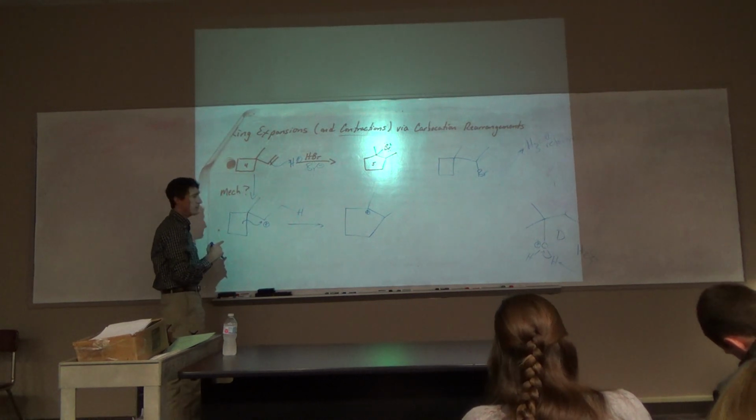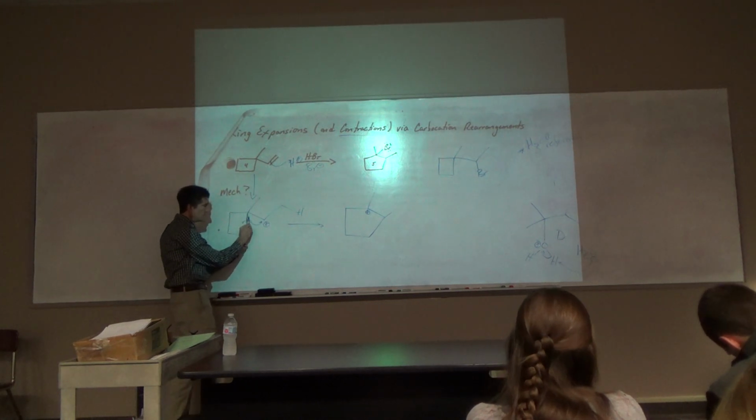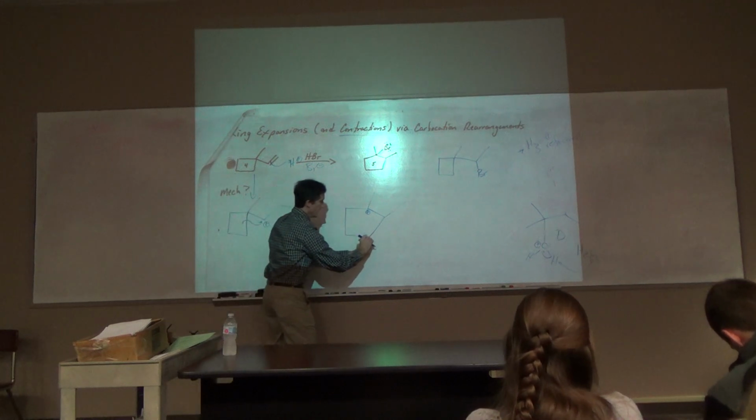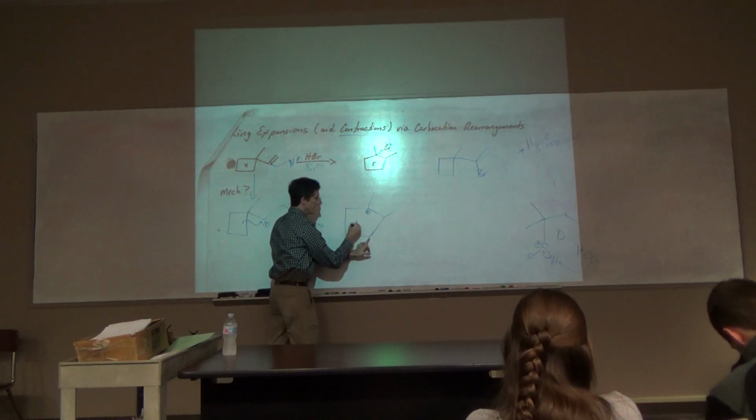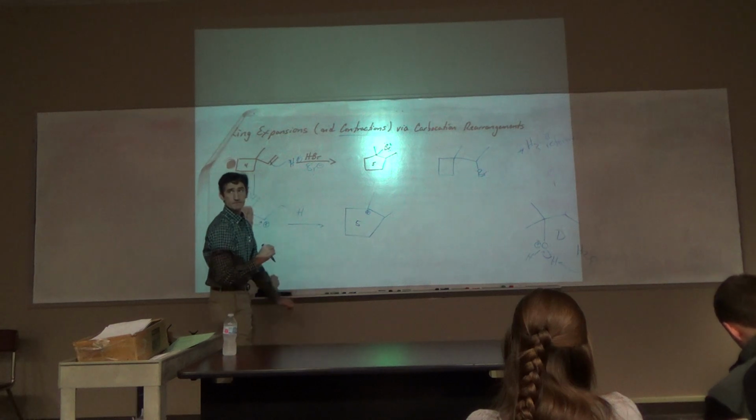Just like the previous one, except here, when the carbon shifted over, it actually led to the ring now being a 5-membered ring. Do you see it?